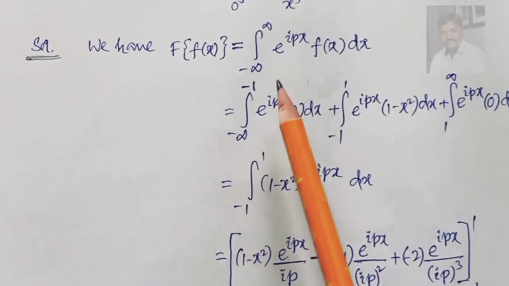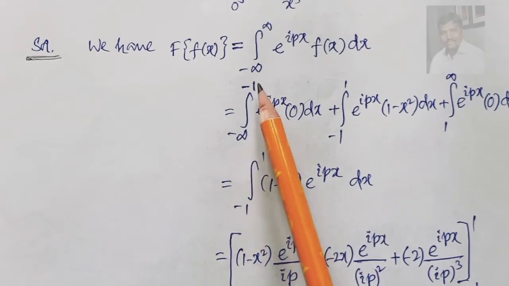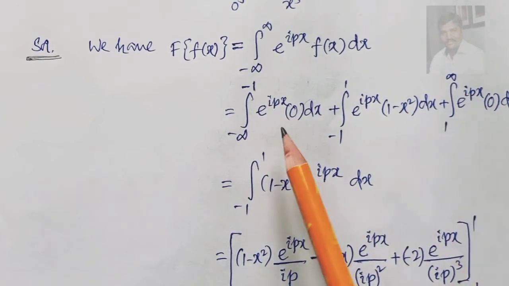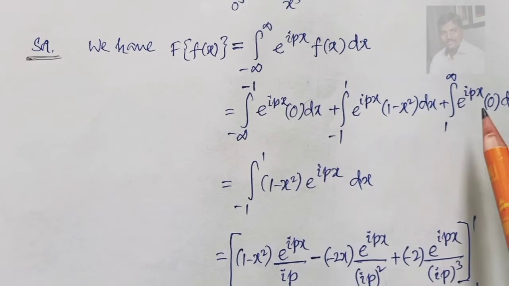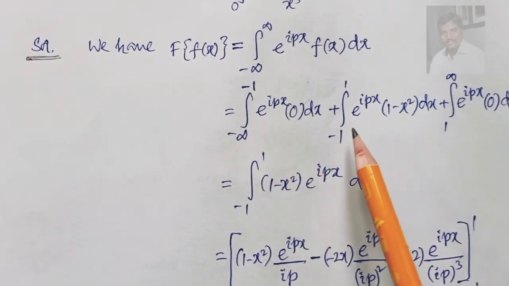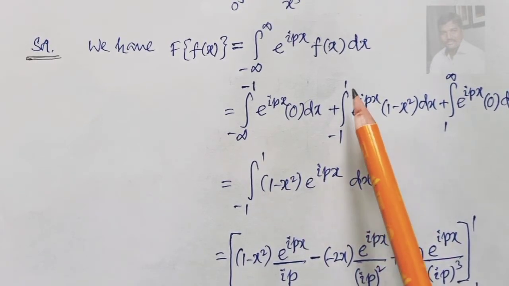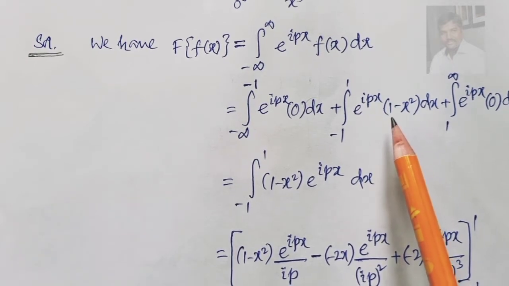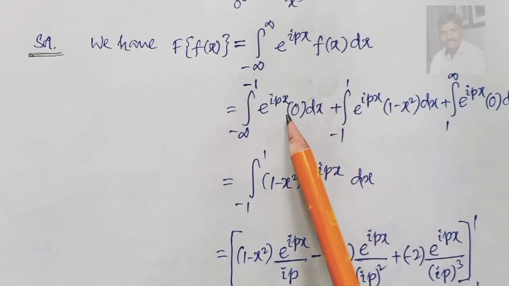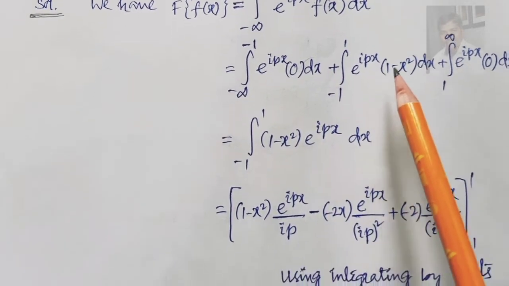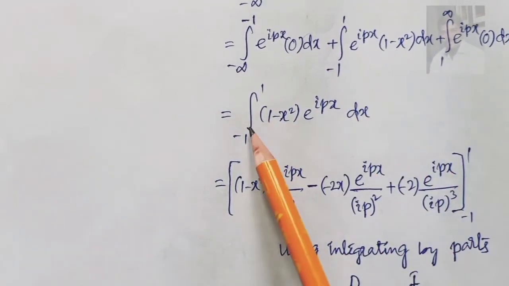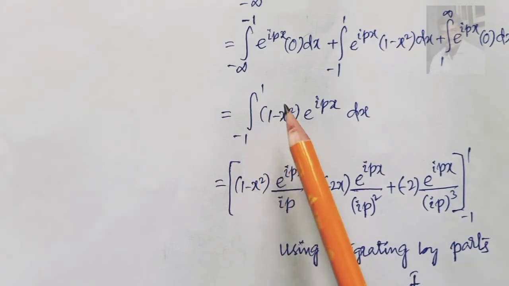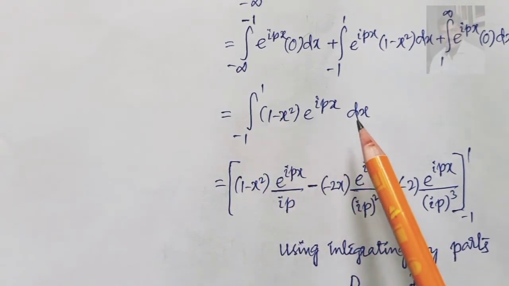As we know, from minus infinity to minus 1 and 1 to infinity, f of x is 0, so I put 0 and 0 for these. For minus 1 to 1, f of x is 1 minus x square; I just substituted it here. Now these two are zeros, so let us take this: the integral from minus 1 to 1 of (1 minus x square) into e power ipx dx.